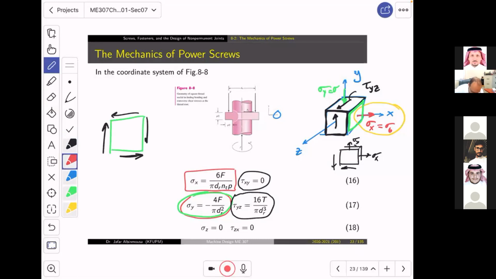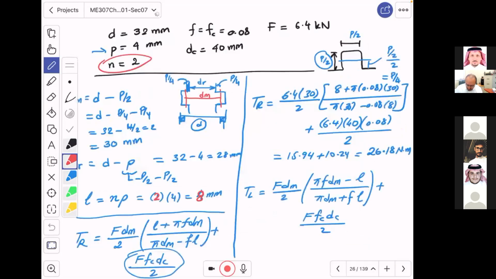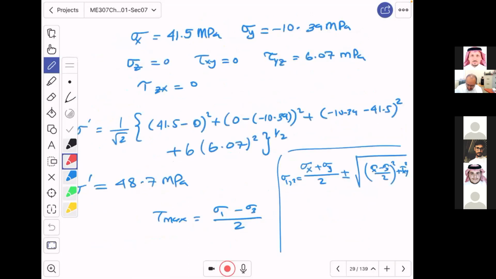And now sigma y is going to be like this. That's sigma y. This one is tau yz. Do you see this? Now, if we do this, what will happen? We will have only sigma y, and sigma x, we don't have a stress.